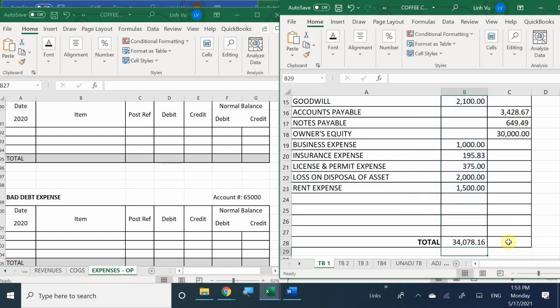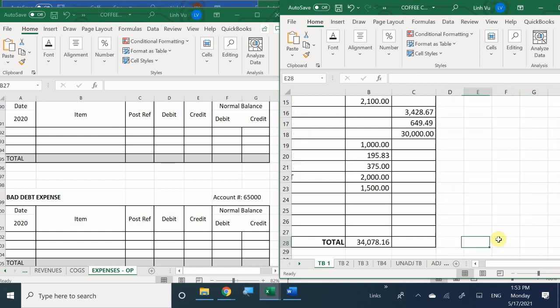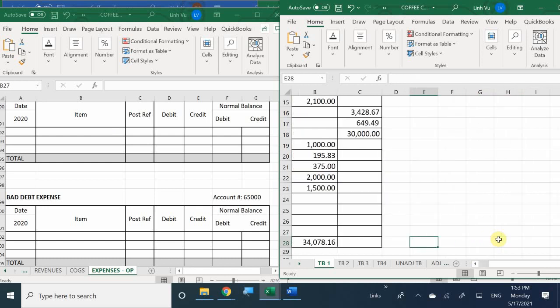But in this case, if I go ahead and enter it in, I have $34,078.16. And since I put the formula there, formulas work across the way too, so I have the same exact number here.